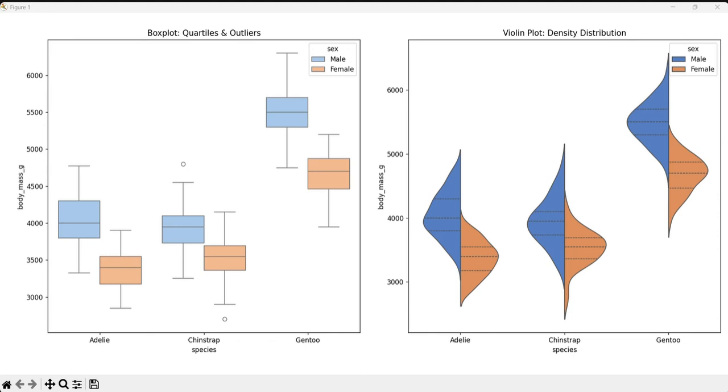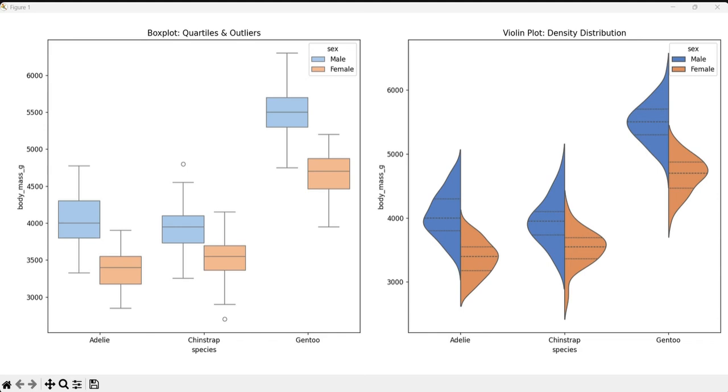But as we can see for the box plot, quartiles and outliers, that is on the left. We can see the center line, the horizontal line inside each box, represents the median, the middle value of the data.